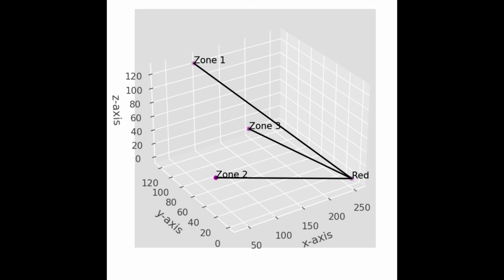For each of the average colors, we get the distance to pure red. Then whichever distance is the least means that color is the closest to red, meaning that our team prop is most likely there.